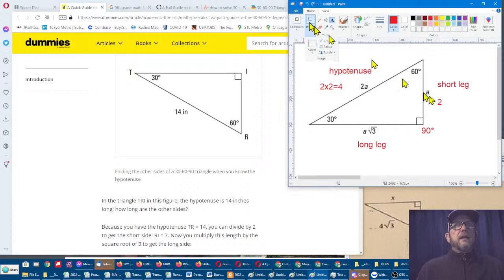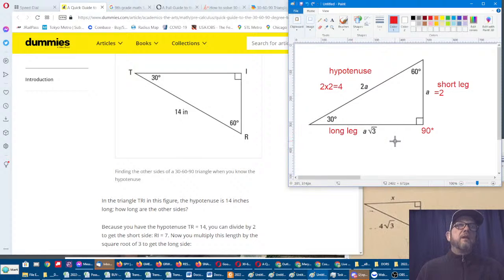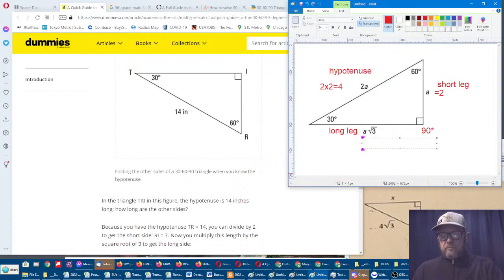Let me make it a little bit clearer. A equals 2, therefore over here we will have 2 times the square root of 3.